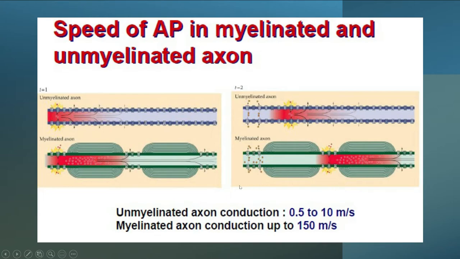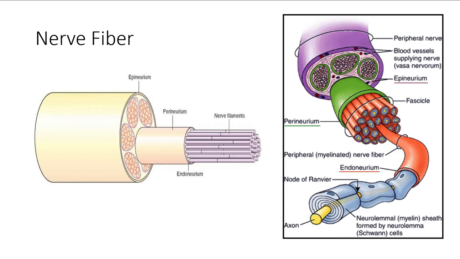The unmyelinated nerve fiber conduction velocity is 0.5 to 10 meters per second. However, in the myelinated axon, the conduction is up to 150 meters per second. So the conduction velocity is very high in myelinated nerve fibers.